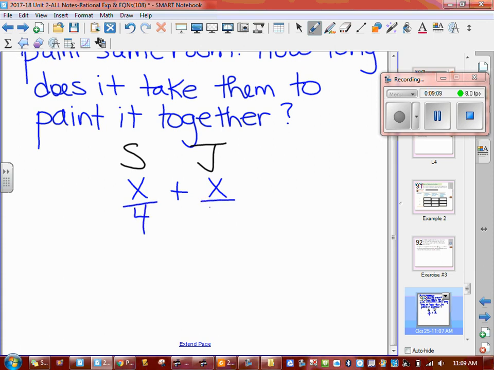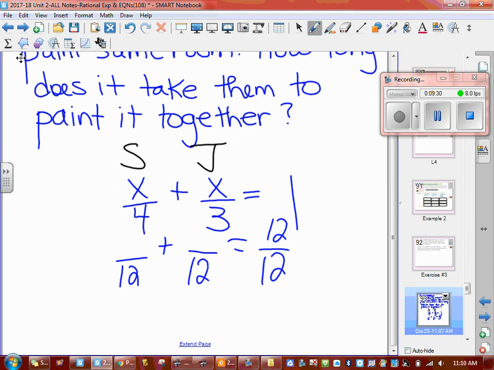And they're going to paint one complete room. Now we're going to find the common denominator. Common denominator is going to be 12. So we're going to have something out of 12 plus something out of 12 equals 12 out of 12. Now the 12 out of 12 is 1. Any digit over itself is 1.